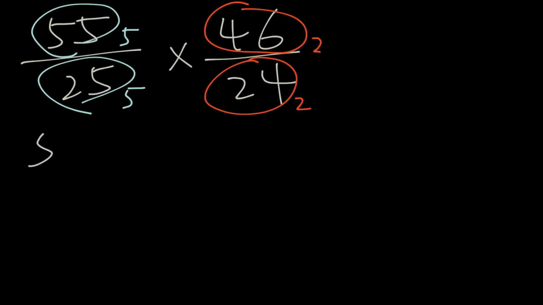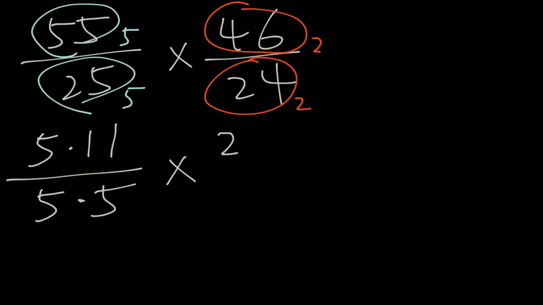So we'll write it out like this: 5 times 11, 5 times 5, 2 times 23, 2 times 12.